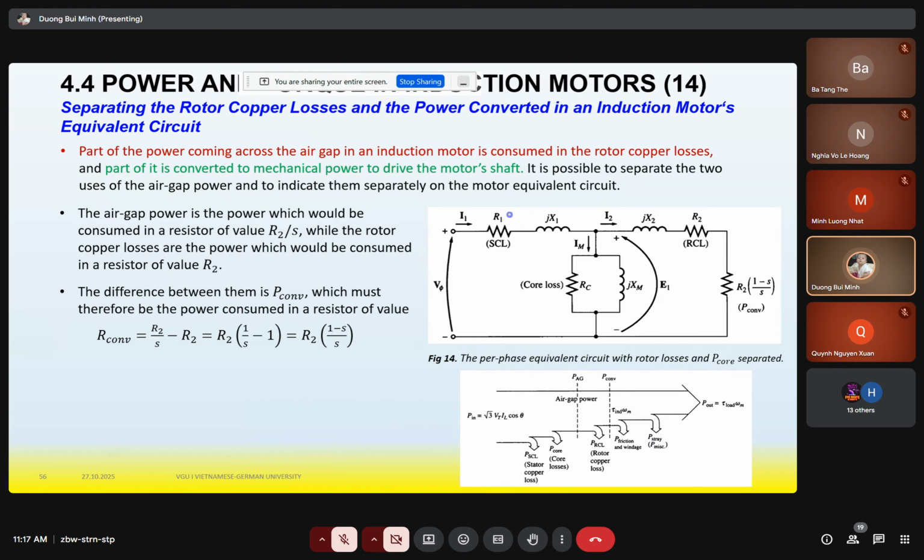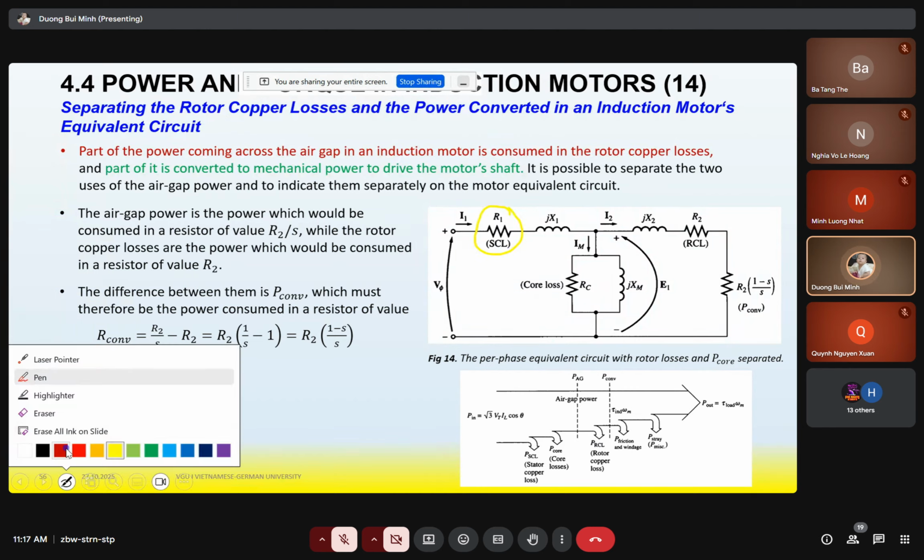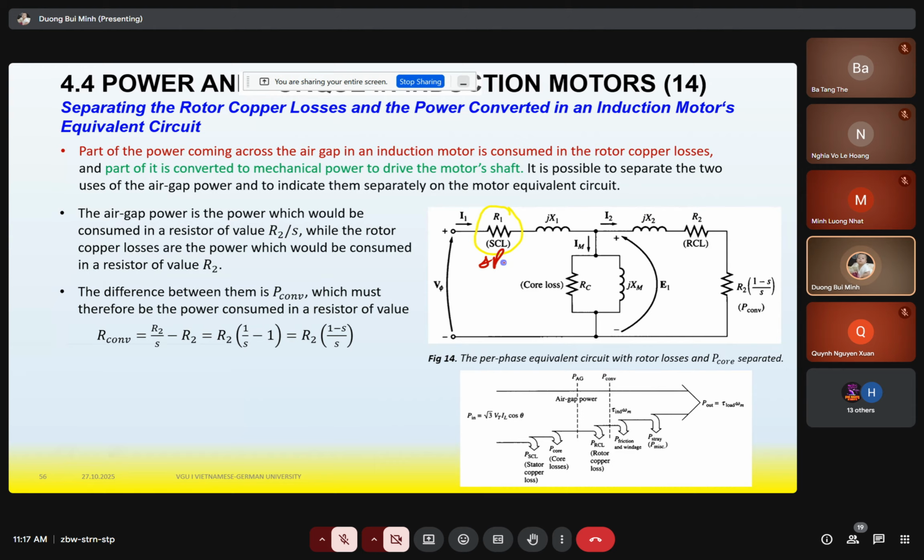Okay. So if you would like to calculate delta P_SCL, we need to consider what? If we would like to calculate delta P_core, we need to consider R_C.